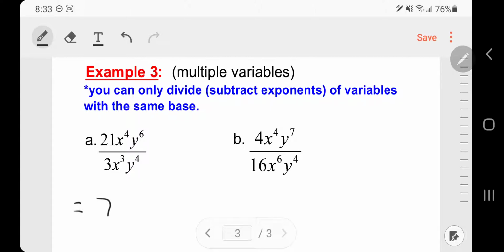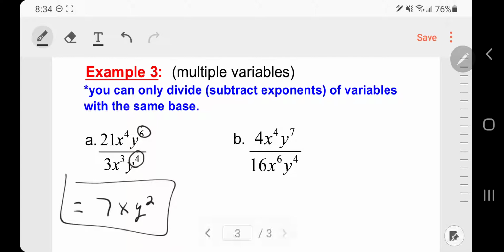That's going to give me 7. X to the 4th minus x to the 3rd. So 4 minus 3 is going to give me x to the 1st, or I could just write x. And then I have y to the 6th minus y to the 4th, which is y squared. All positive exponents, so that's my final answer.